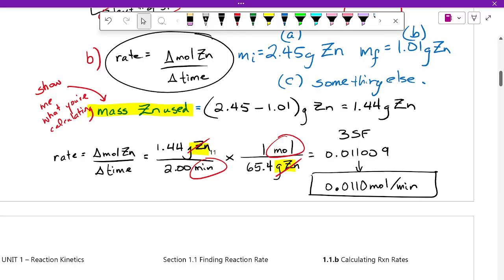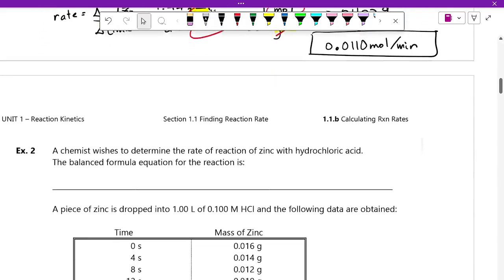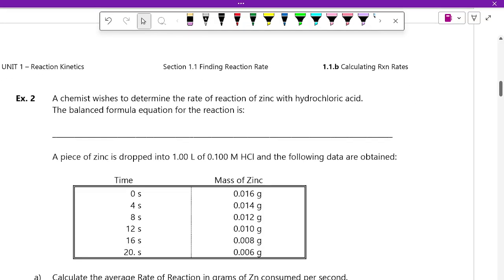We're going to try the example on the next page, which has a table of data so that you get used to working with tables because you'll sometimes see those. So first of all, a chemist wishes to determine the rate of reaction of zinc with hydrochloric acid. Please write the balanced formula equation for that reaction.